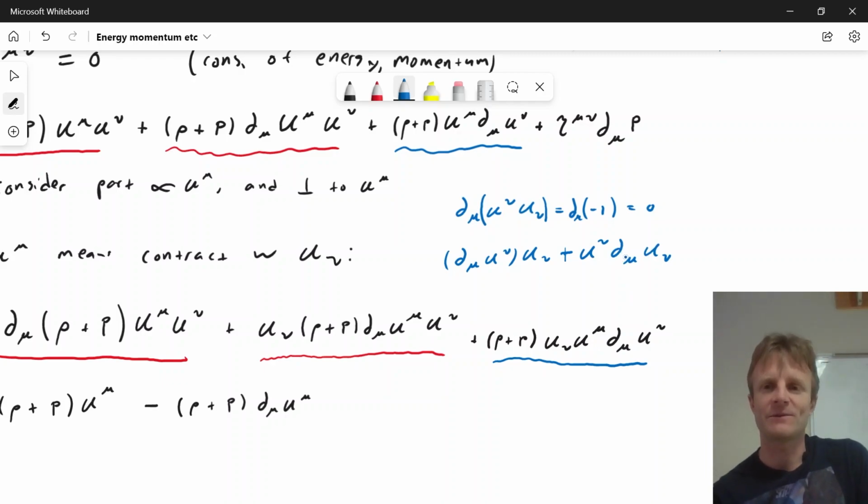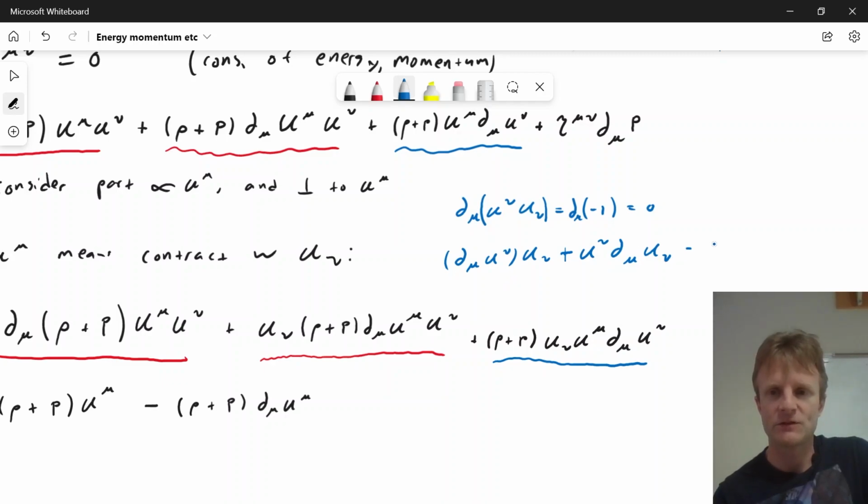But these are really the same term, because, as you showed on the homework, we could just lower this nu and raise this nu. And you can always do that. There's a derivative here, but the metric you bring in will commute through the derivative. So these are really the same thing.